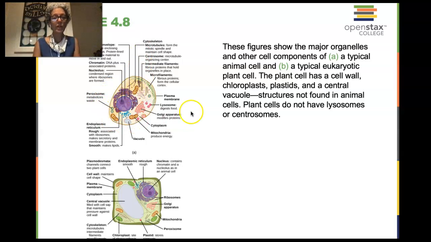We'll cover the various organelles in the next slides. An organelle is like a small organ. It is a structure within a eukaryotic cell that has its own membrane and carries out a specific function.